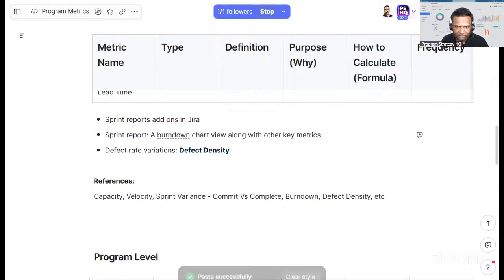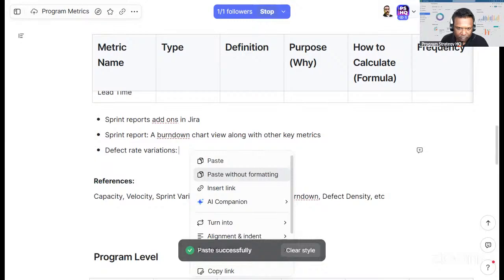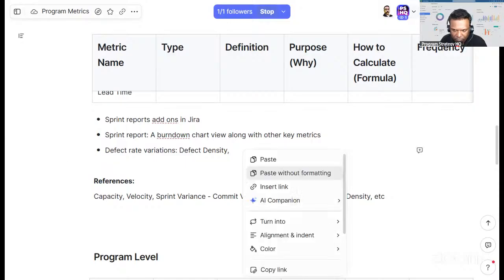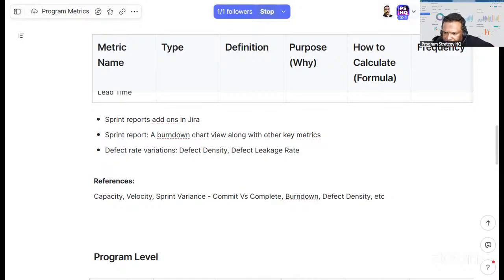Defect rate variations: defect density and defect leakage rate. I downloaded it, but I'm not able to see that. Can you read it out? I'll write it as you speak.